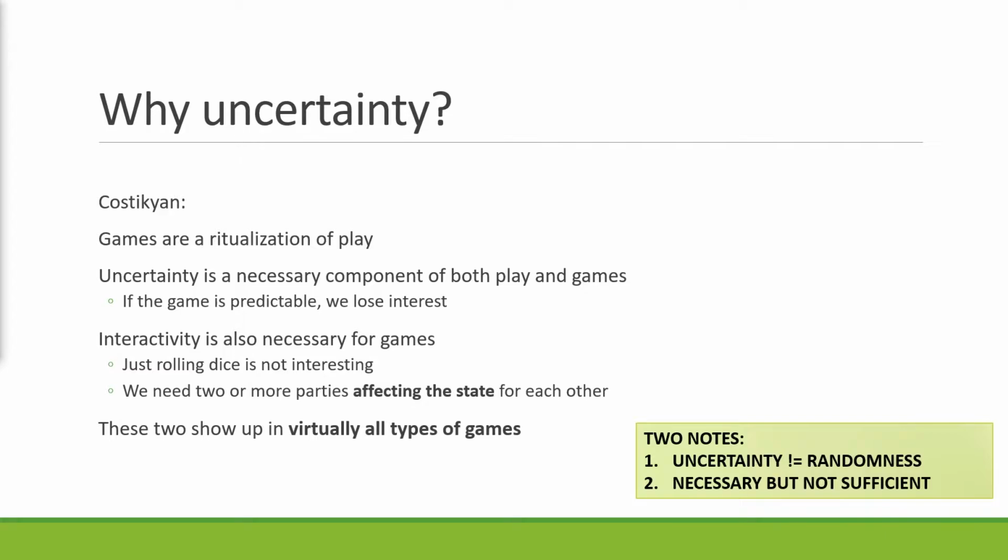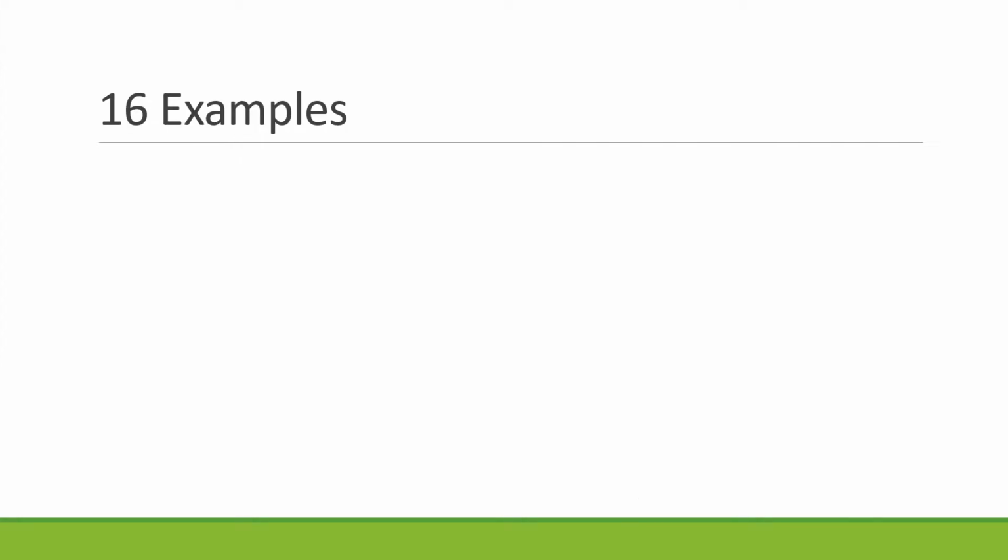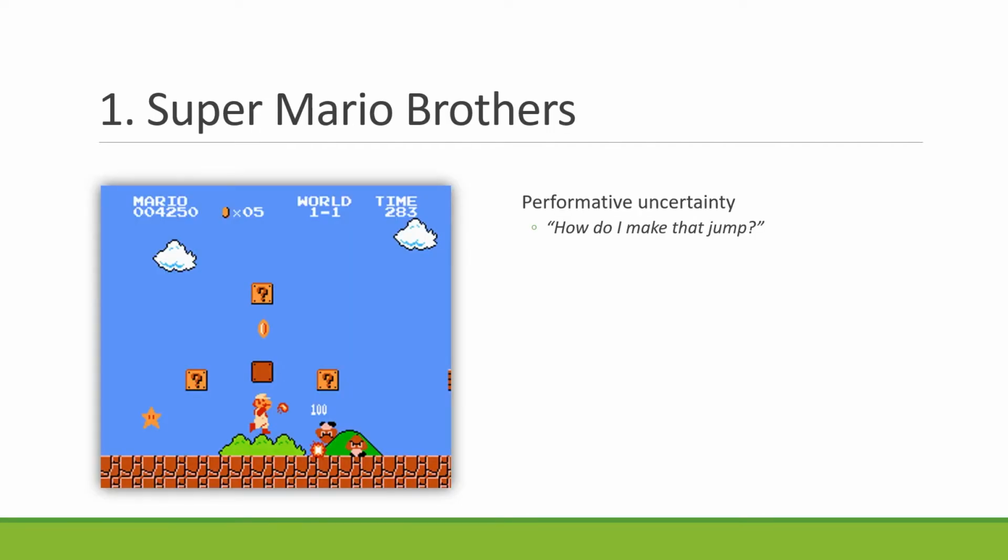But in here, we're going to focus specifically on Costikyan's model and specifically on his understanding of uncertainty. So we're going to start with examples. They are straight from the book, but as I mentioned, I would recommend checking out the source material because the discussion there is very good.